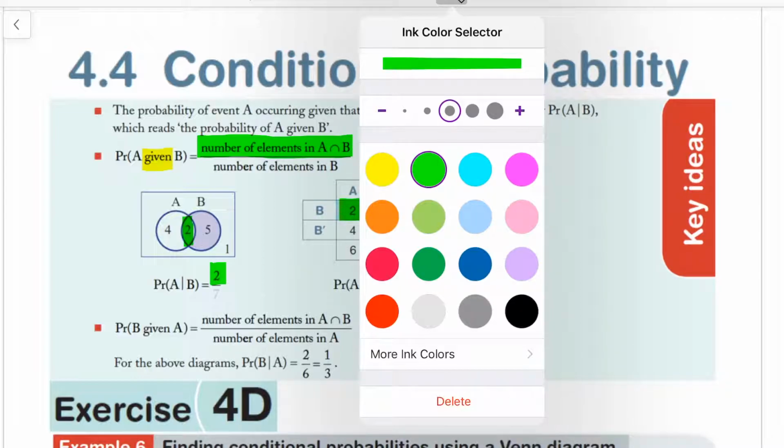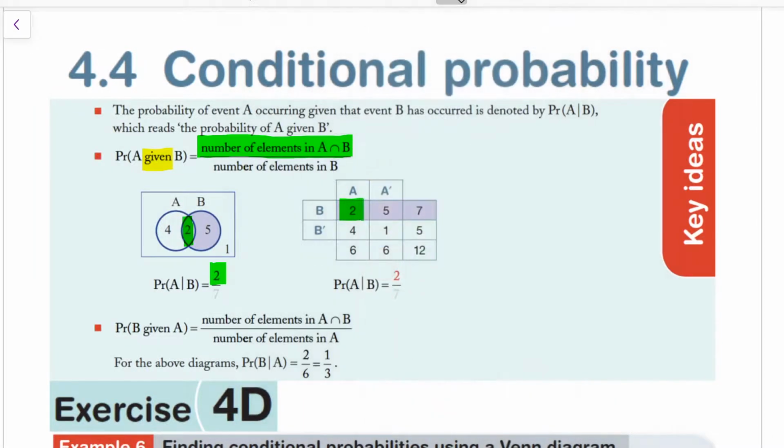Then they're asking us, given B. So then it's the number of elements that are in B. That is including the 2 and the 5. So 2 plus 5 gets us that total of 7. If you're going to use a two-way table, as you can see, it's the total for B. So it's the 2 plus the 5.